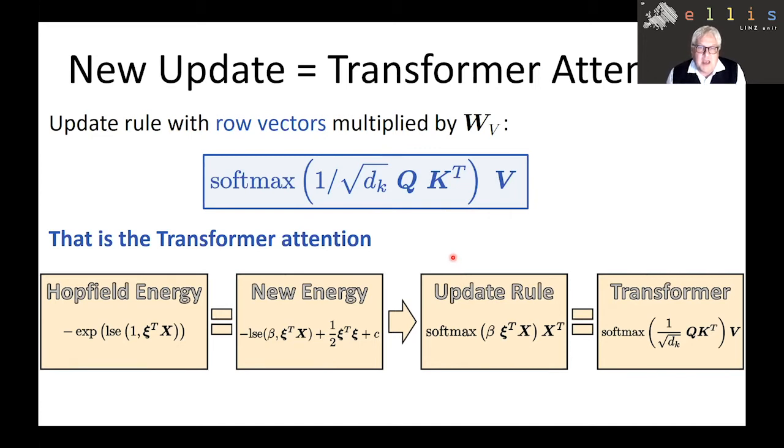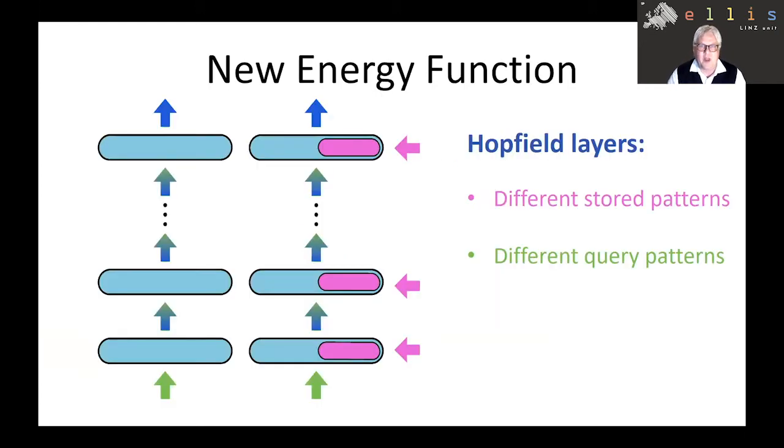But we can rewrite our update formula also as an attention mechanism. Therefore, the transformer attention can be viewed as a modern Hopfield network, as a Hopfield network with continuous states, which have high capacity.